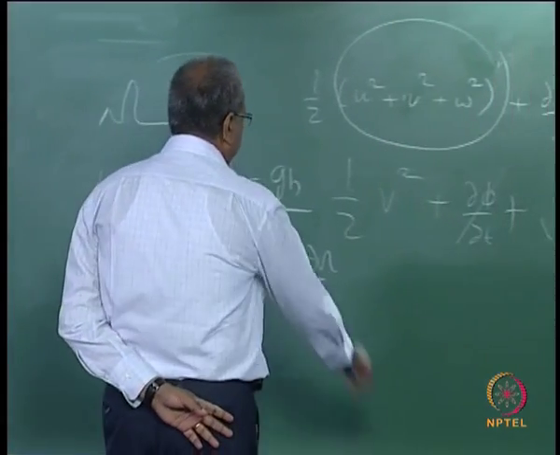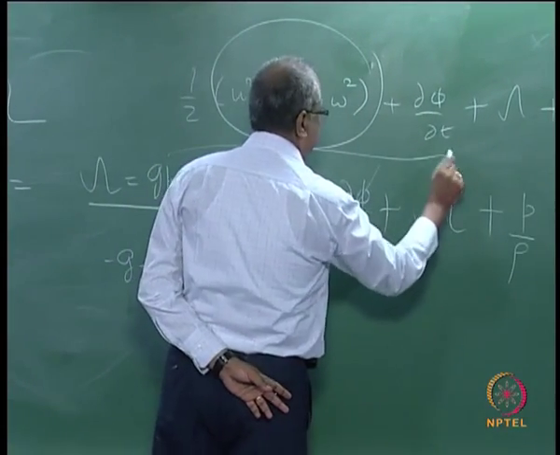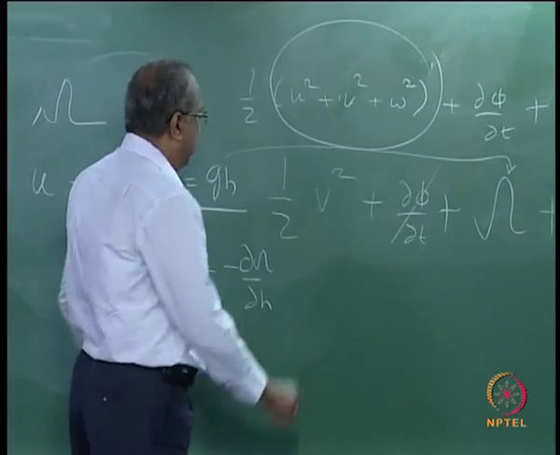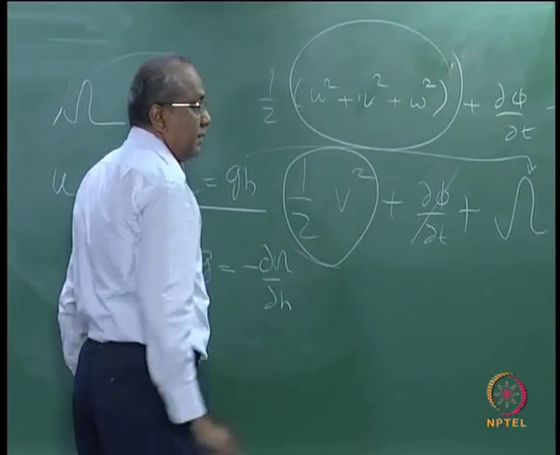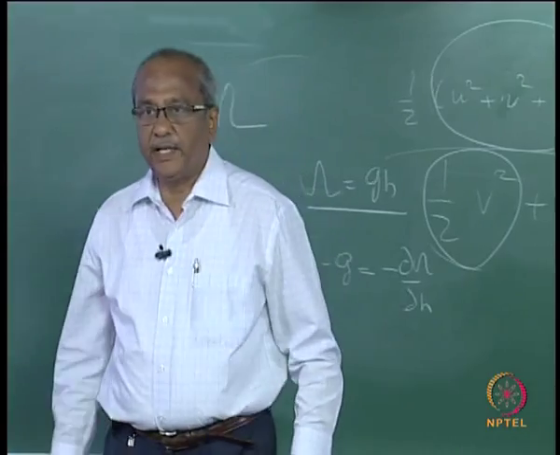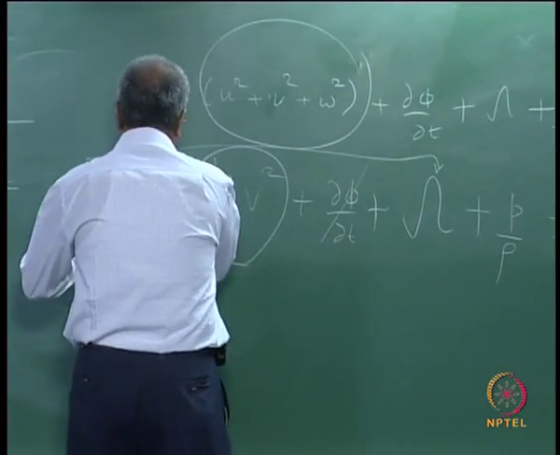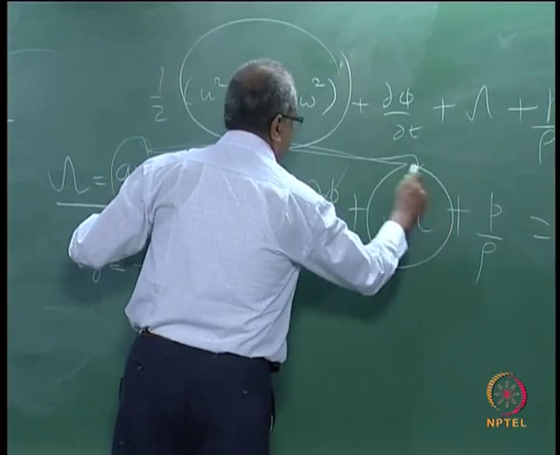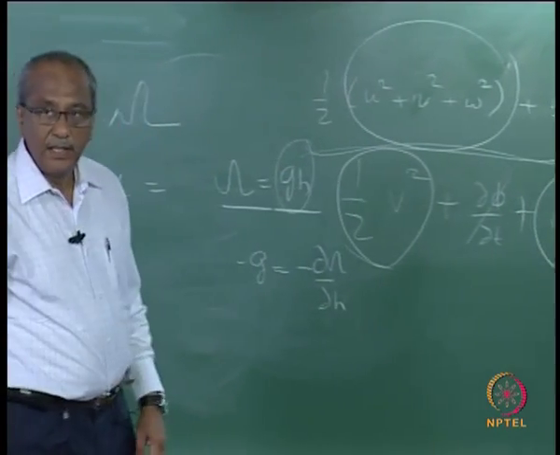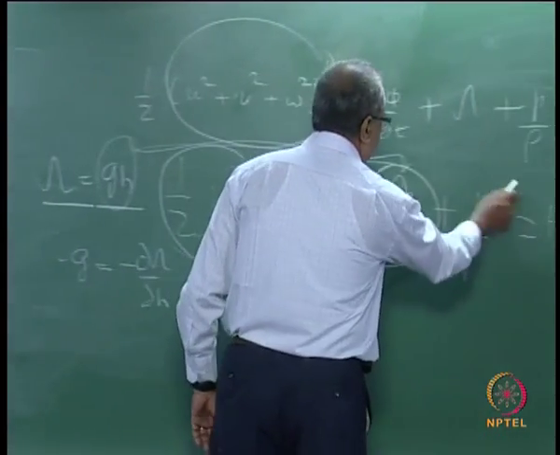Now you substitute in this expression: you have the velocity head or the kinetic head, then you have the potential head, which is this one, plus the pressure head.